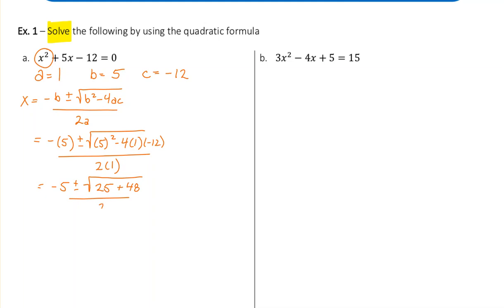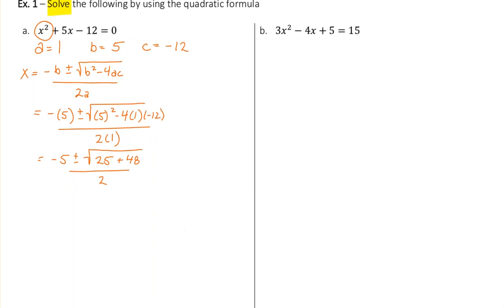If I take this a step further and simplify a little bit further, all I'm going to do is collect my like terms under the square root sign. I'm left with 73. This is important because in our next step we're going to have two branches.